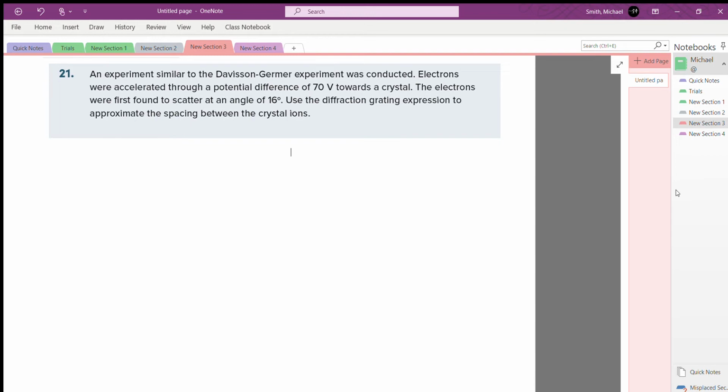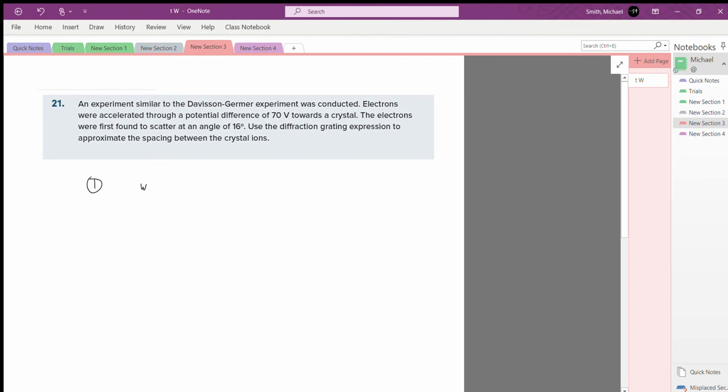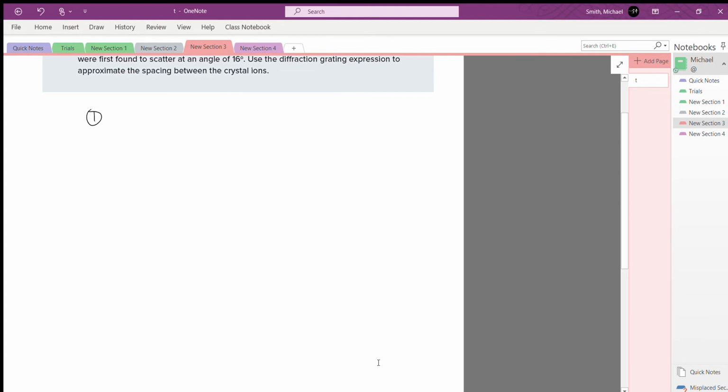So our first step is using the relationship that work is equal to change in energy, which in this case is Q delta V. Our second step would be relating this energy, Q delta V, to kinetic energy, which is equal to half mv squared.